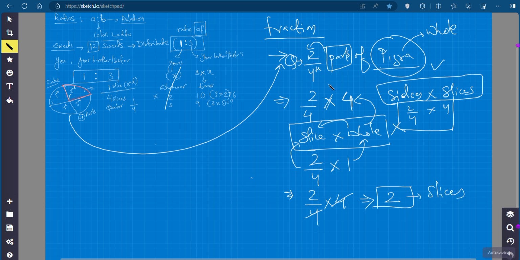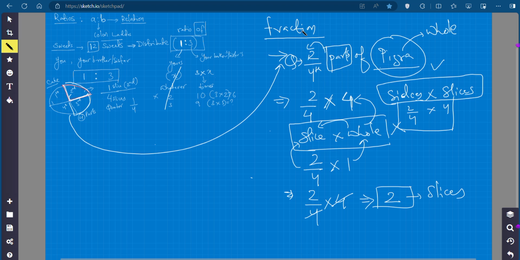So when I asked you to give me 2 by 4th of the whole pizza, I meant please give me 2 slices. So you may give me this one or, let's say, this one. This is what 2 by 4th of pizza means.